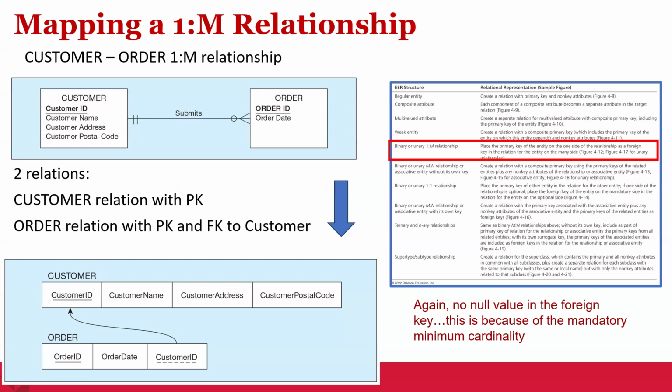Important part. So no value in the foreign key. This is because of mandatory minimum cardinality. So we cannot have null values here because if you look at the customer side as a relationship between order to a customer, it's mandatory one.